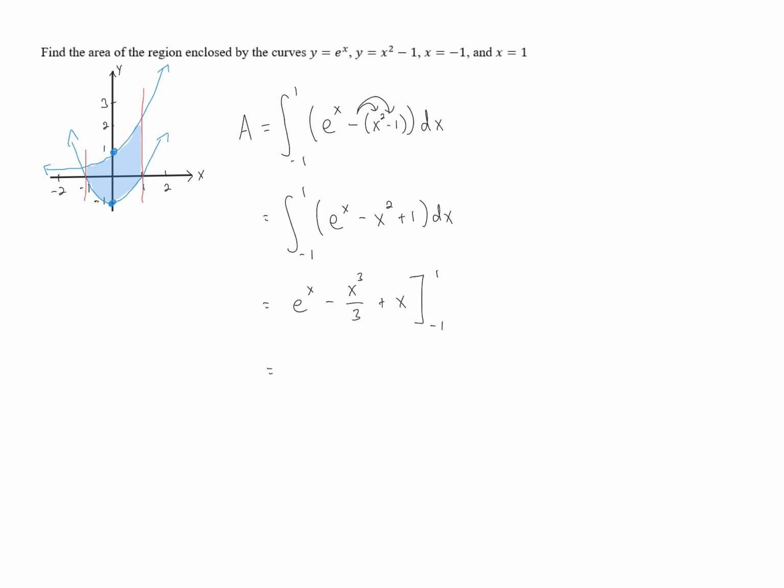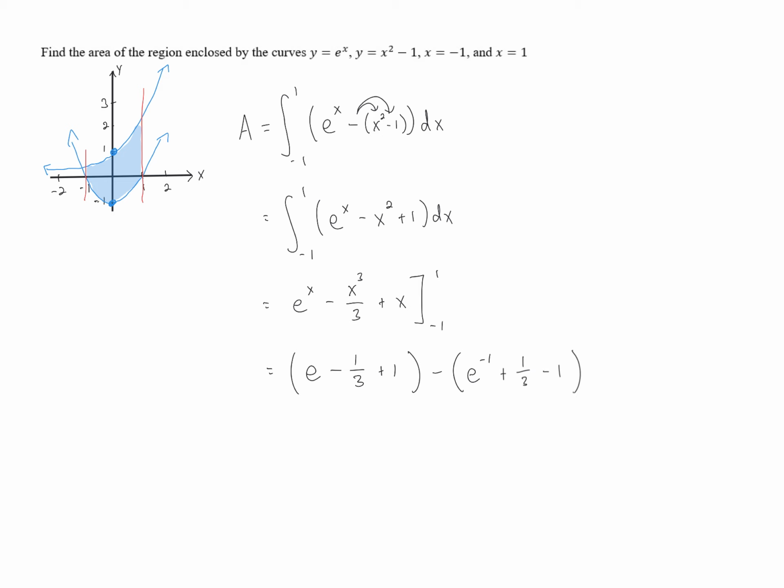And then we just need to plug in 1 and -1. So e to the first is e, minus 1 cubed is 1, so that'll be 1/3, and then plus 1, minus e to the negative first, and the -1 cubed is -1, but because we're subtracting a negative, that's the same as adding, so that's going to be plus 1/3.